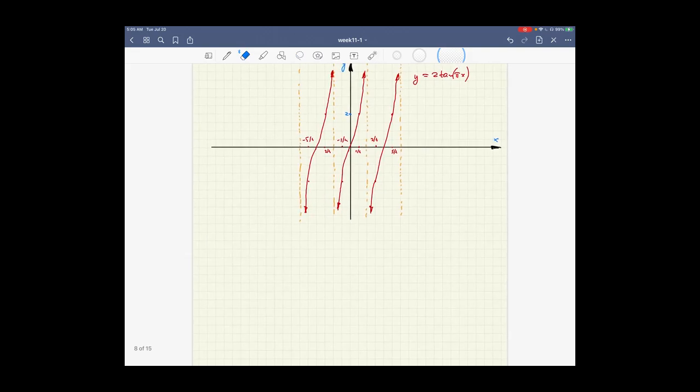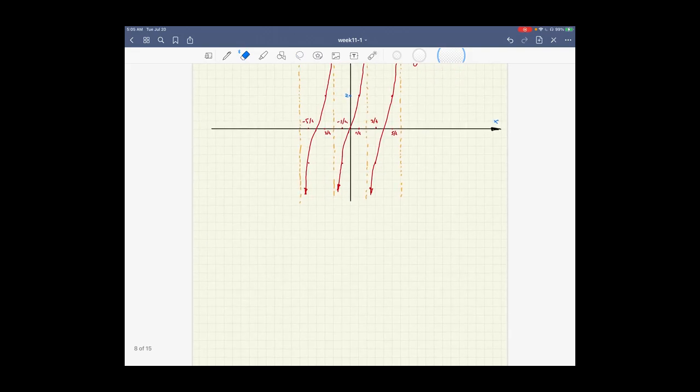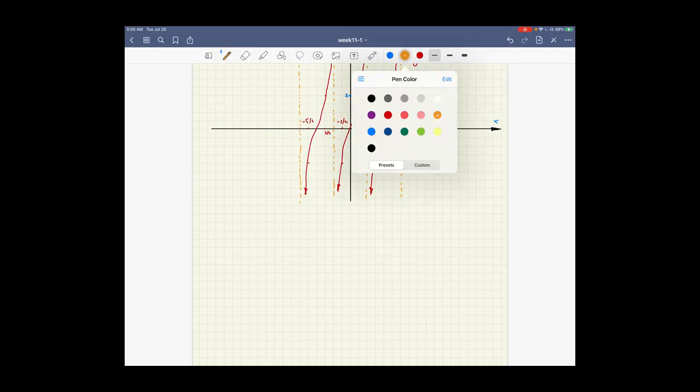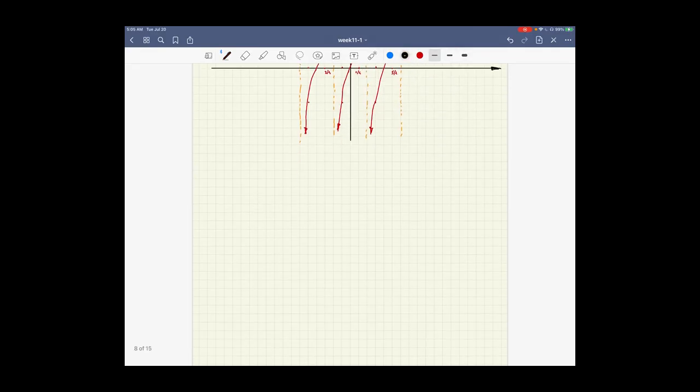And now we reflect this about the x-axis. The asymptotes are still where they were.